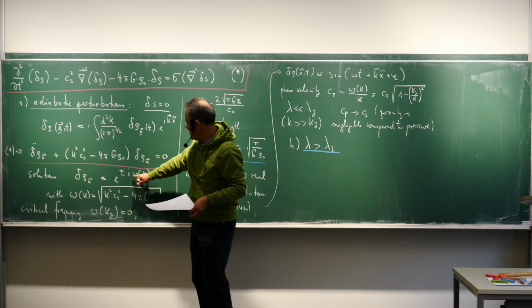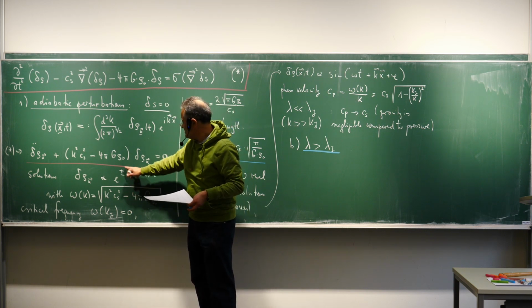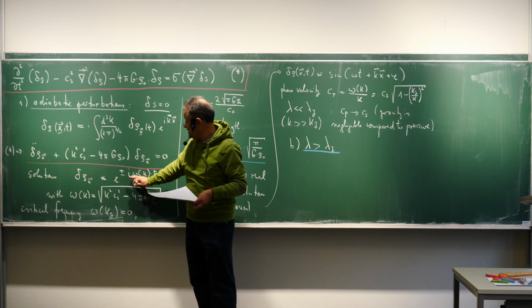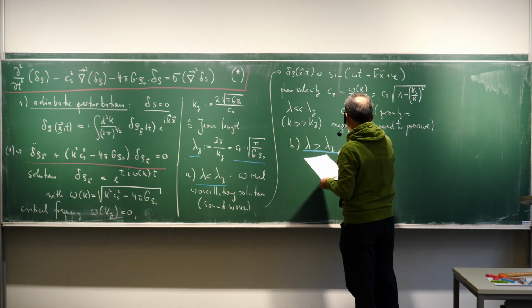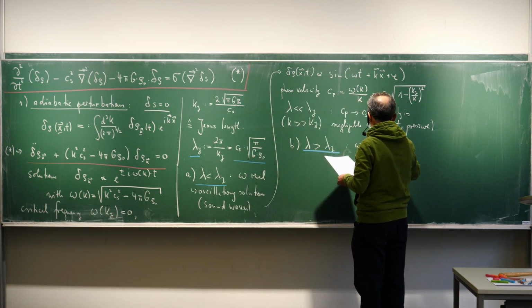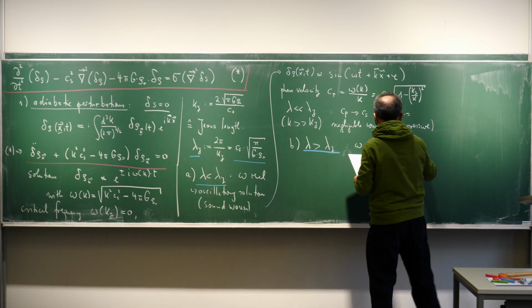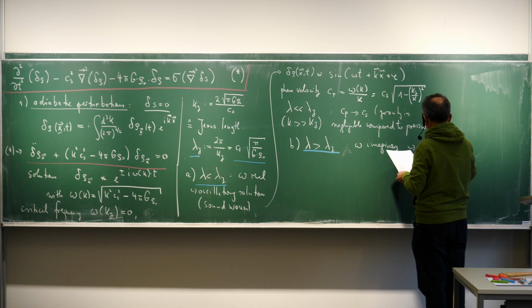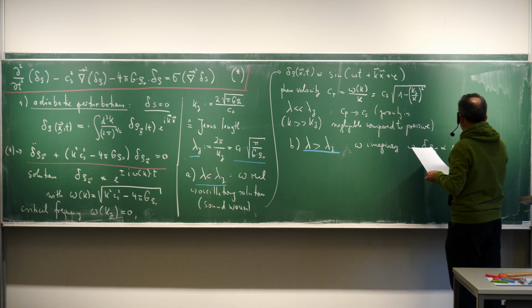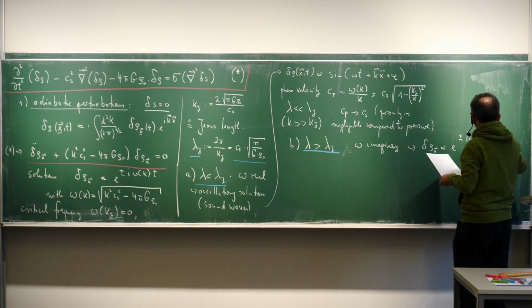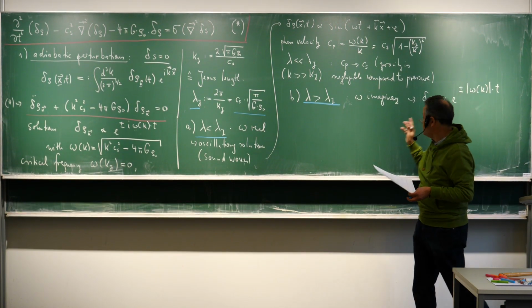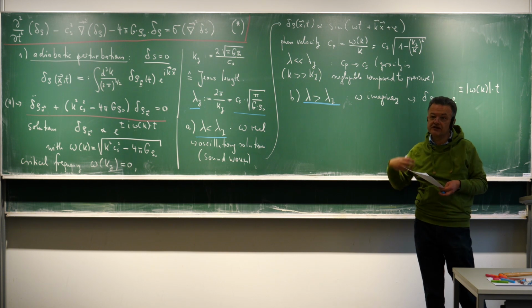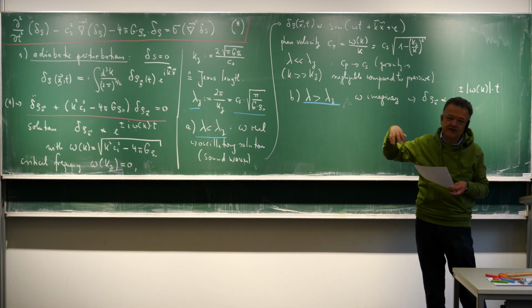And you see an imaginary omega leads to a real solution, exponentially expanding and decaying solutions. So we have the omega imaginary, and you get then that delta rho k is proportional to e to the plus minus absolute value of omega k times t. And we can distinguish what in the literature is called the growing mode, the exponential expansion, and the decaying mode.